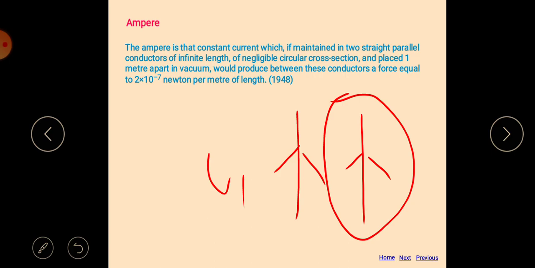Definitely these two wires attract each other, because as you know in class 10th, whenever a current carrying conductor is placed in a magnetic field, it experiences a force, and we have discussed Fleming's left hand rule to find the direction of force.